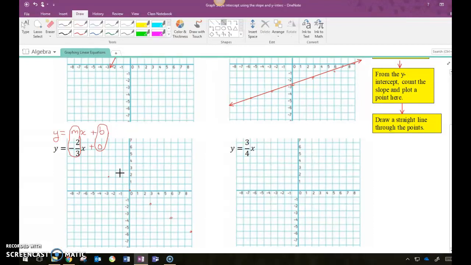Especially for you guys when you're using a ruler instead of this nice straight line tool that I'm using here. So should be something like right about there. And there's my line of y equals negative 2/3 x.